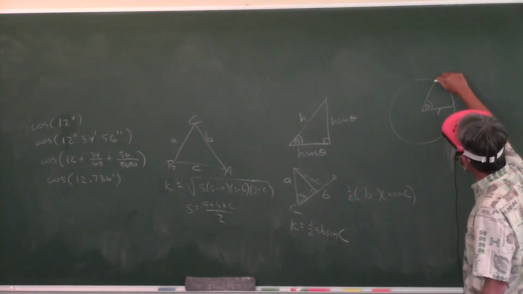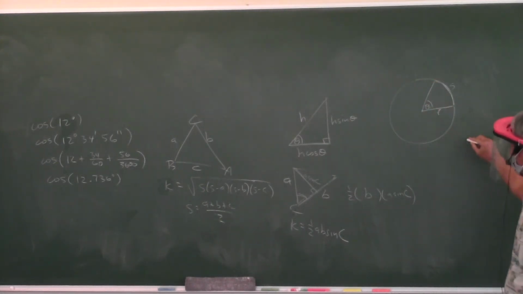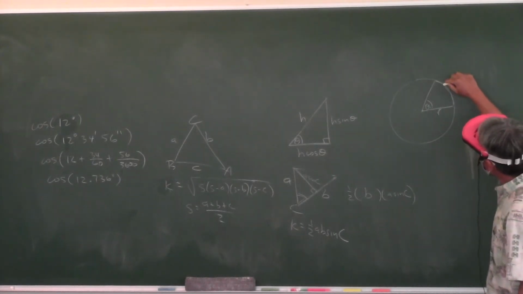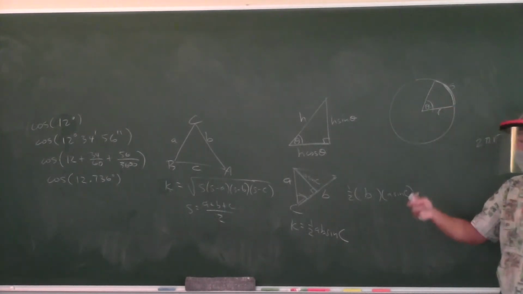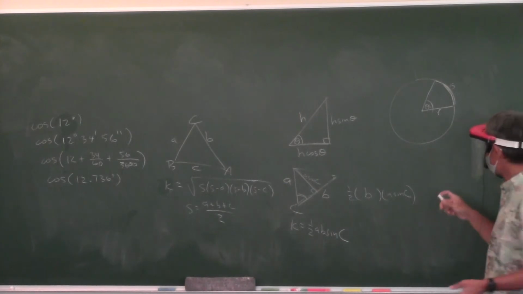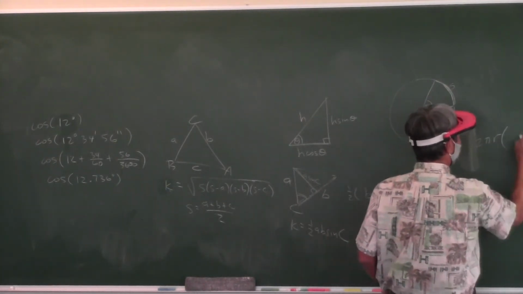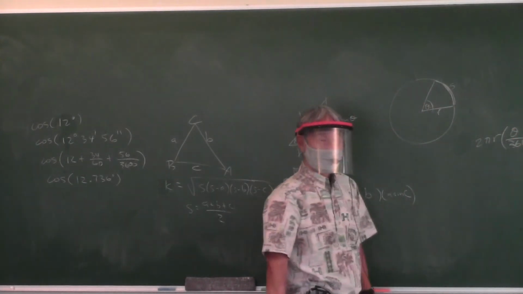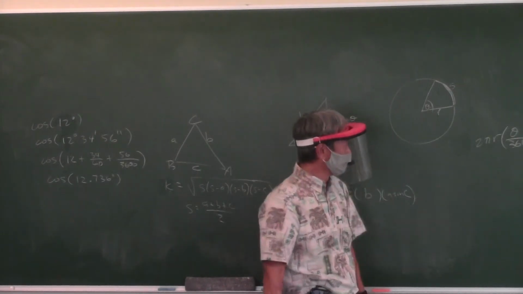Well, what is the circumference of the entire circle? 2 pi r. So isn't this just a fraction of the entire circle? What fraction is it? Well, theta over 360, if you're doing it in degrees, right? So you multiply by theta over 360. That's the way you did it in geometry because you didn't know anything about radians, but now you do.